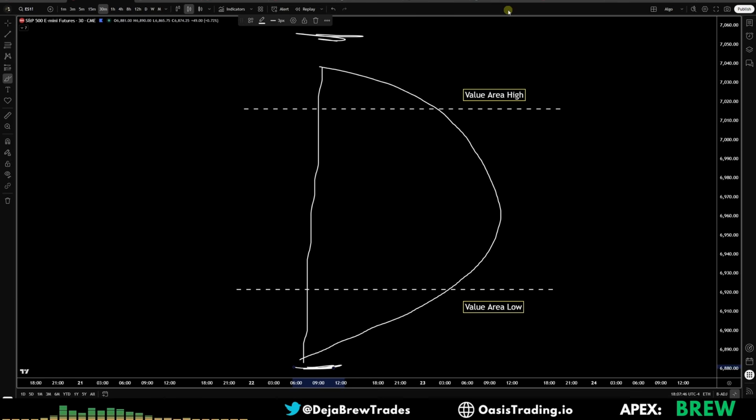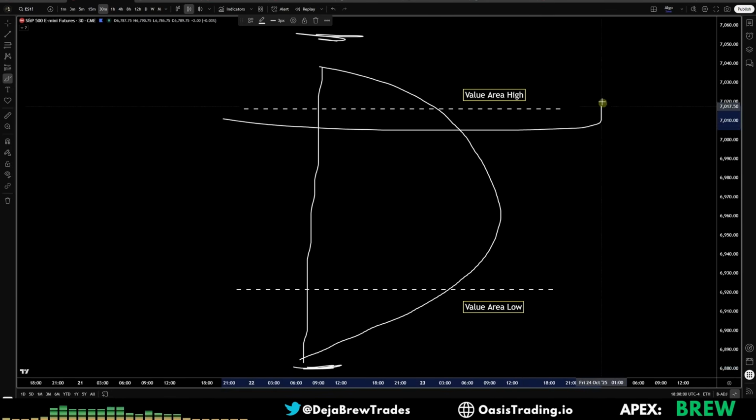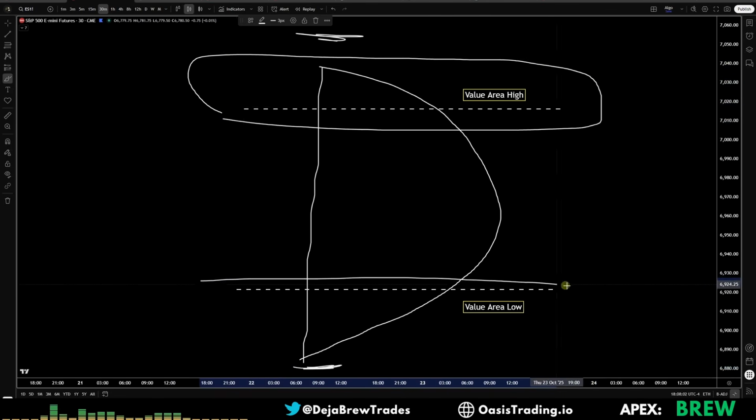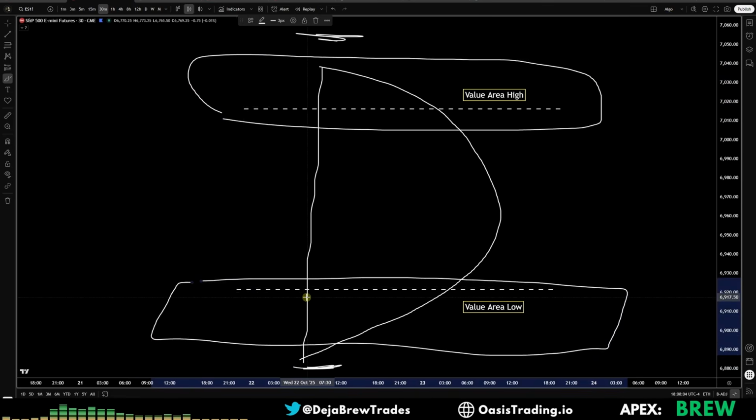If we can get 1 1/2 to more, maybe a 2.0 or higher on the full rotation, that would be great as well. Okay. So where we trade inside that value area high area or that value area low area needs to provide us with that risk to reward.